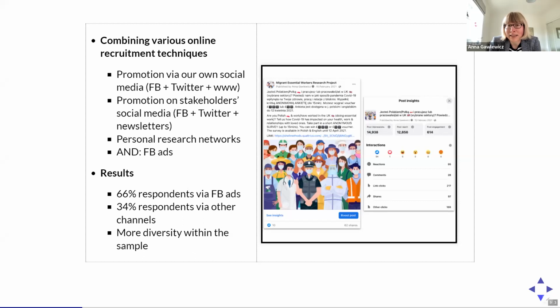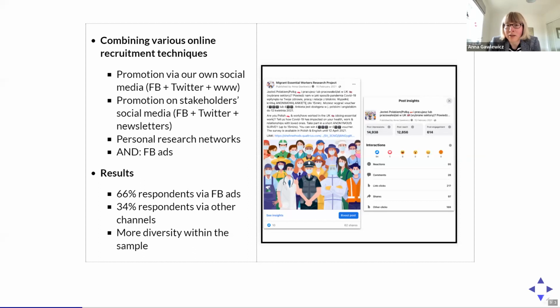The image on the right-hand side is just a screenshot of one of our Facebook posts where we promote the survey. You probably cannot see it, but it's dual language, English and Polish. It has been shared almost 100 times, and the post insights also show that there's been quite a lot of engagement with this post.